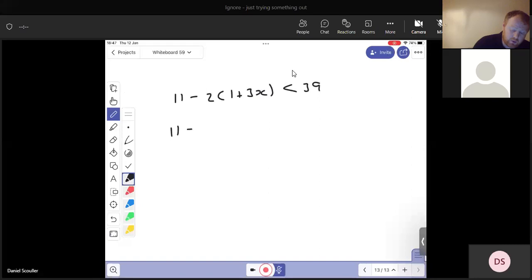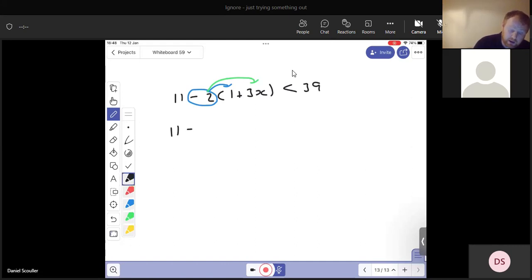11, and then whatever's outside that bracket, so in this case minus 2, it's just multiplied by each of these terms. So remember that minus sign. Minus 2 multiplied by 1, then minus 2 multiplied by positive 3x. So just remember that minus sign on the outside of the bracket.